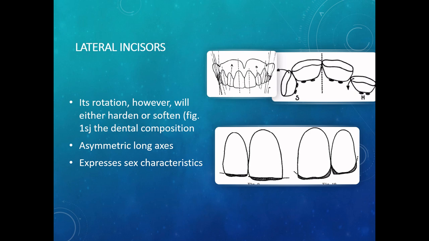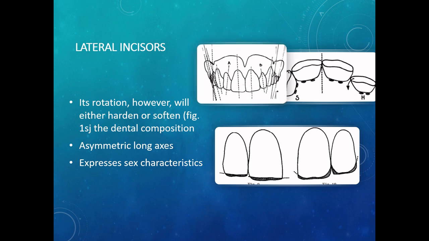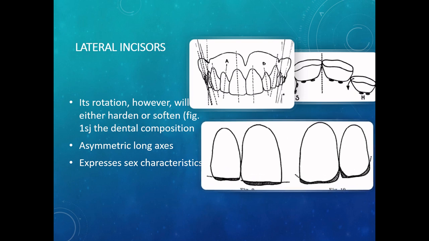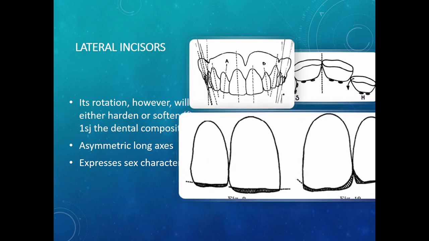And also, the right and left lateral incisors should have a symmetric long axis. The lateral incisor should be positioned so that at least a portion is seen when the patient speaks seriously. That is the speaking line determination. And the lateral incisor also expresses sex characteristic. The sex determination comes from either rounding the incisal edges for feminine effect or squaring the incisal edges for masculine effect.